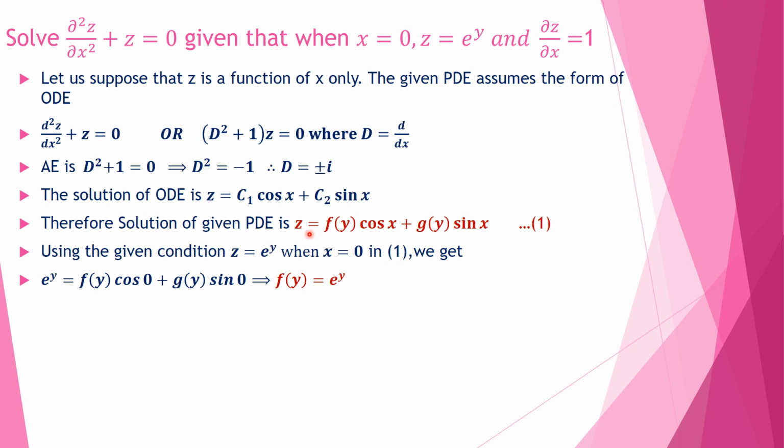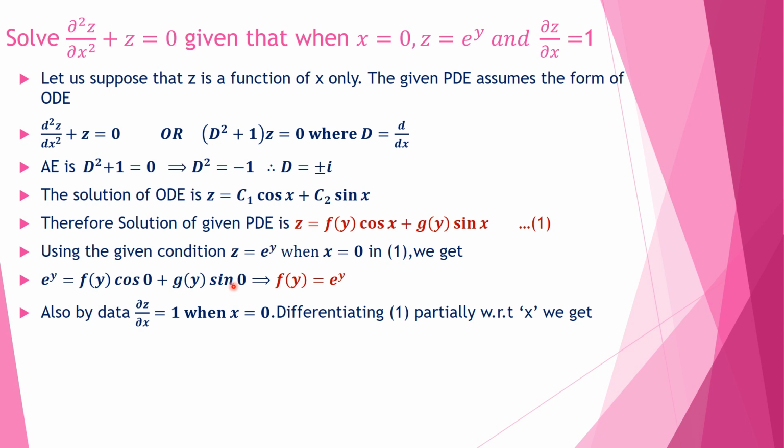Just differentiate equation number 1 partially with respect to x, so that we will get an expression for dou z by dou x. Hence we can substitute the condition. Therefore, to use this condition, dou z by dou x is 1 when x equal to 0. Let us differentiate equation number 1 partially with respect to x.